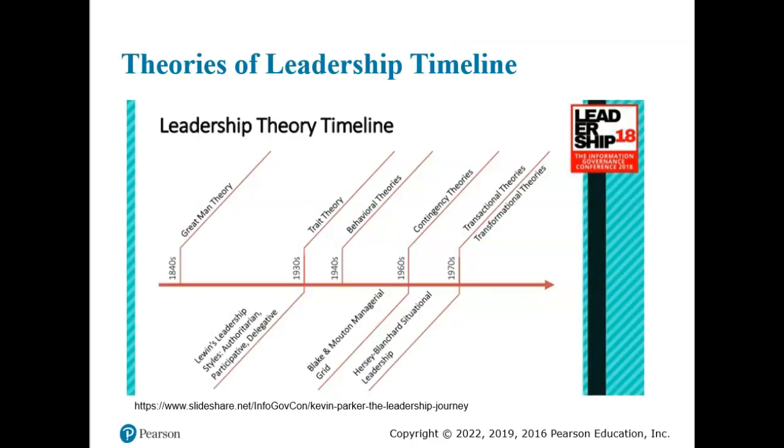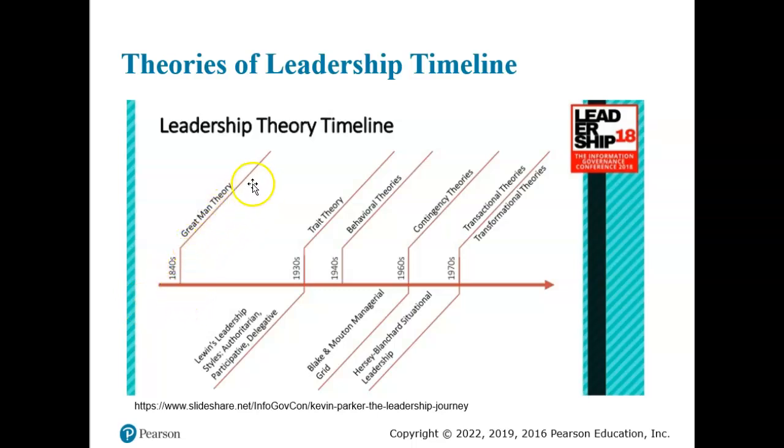Like we saw in chapter 8, we talked about basic human behavior and the idea of motivation theory. A lot of motivation theory translates also into leadership theory. And so I'm giving you that same kind of view, which is a timeline of what, as we described, leadership is and what it means.